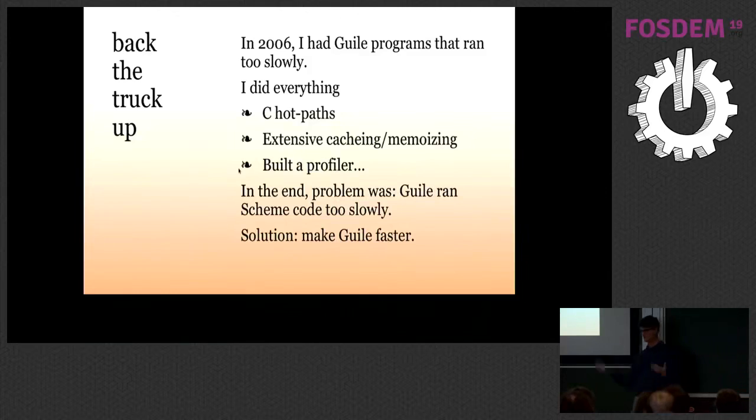I built a statistical profiler, and in the end, it turned out that the problem with my programs was that Guile simply ran Scheme code too slow, and Guile should run Scheme code faster. And that's how I picked up some compiler work that was kind of sitting around unmerged and ended up maintaining the compiler and runtime in Guile.